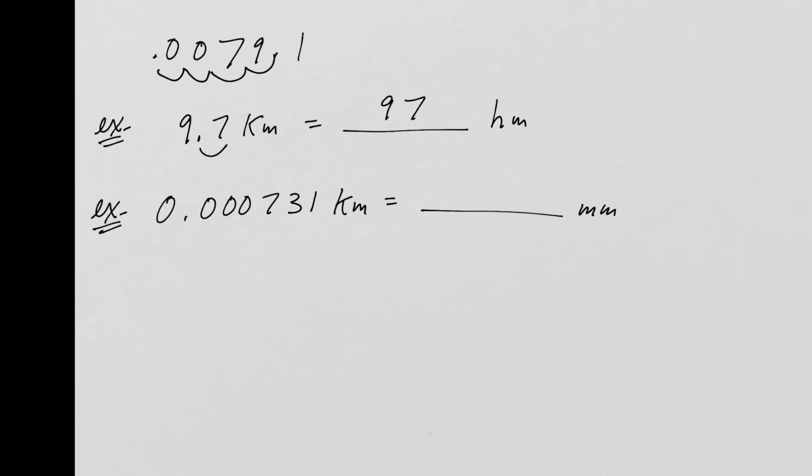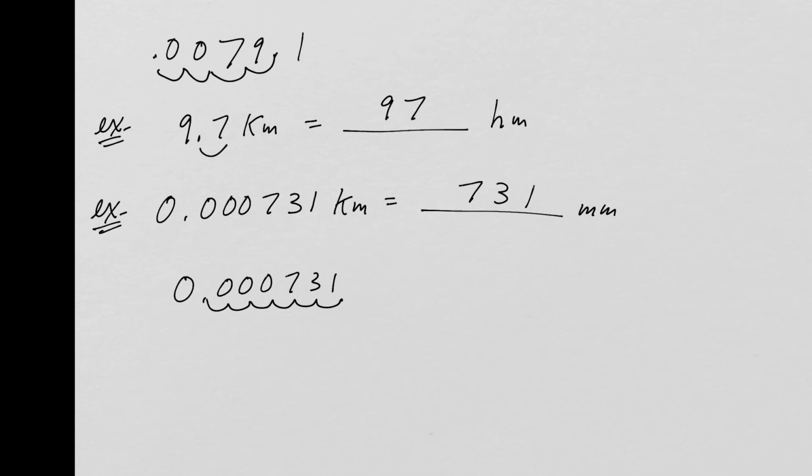So in this case, I need to move 1, 2, 3, 4, 5, 6 places. So this is going to be 731 millimeters. So 0.000731 kilometers is equal to 731 millimeters.